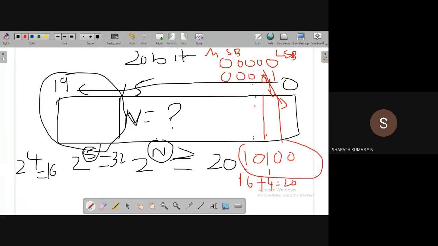So this will identify the last address, the MSB location. The address bits range from 0, 0, 0, 0, 0 up to 1, 0, 1, 0, 0.